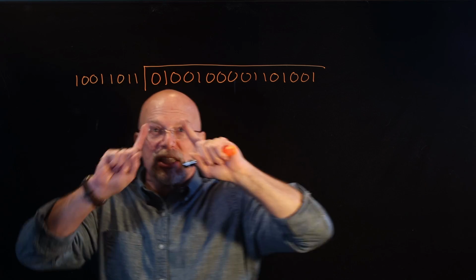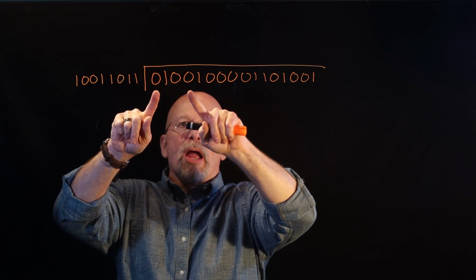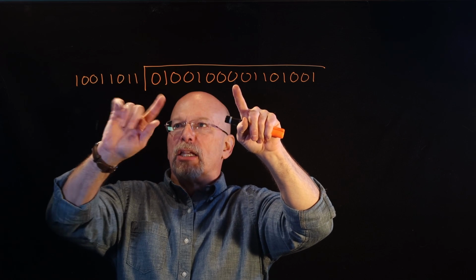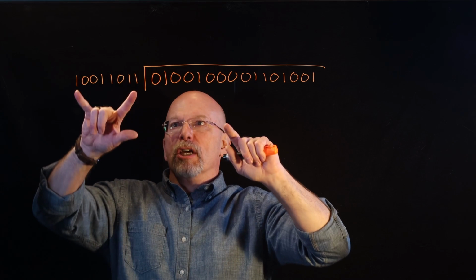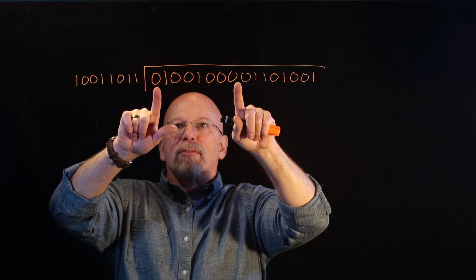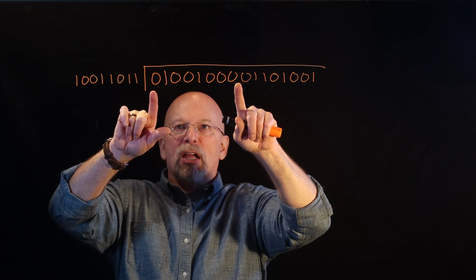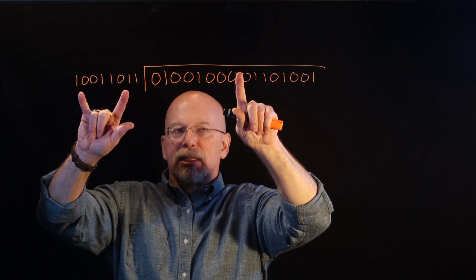So what am I going to do? Well, the deal with a normal long division, even in binary, is I have to start grabbing enough bits from my dividend so that my divisor is smaller than the number of bits that I've grabbed. So in this case, if I grab the first 8 bits, notice that I've got a 0 starting here, a 1 here. This value is clearly not as big as the divisor.